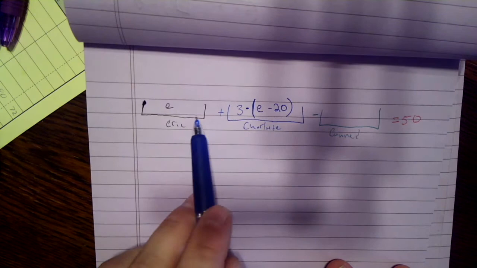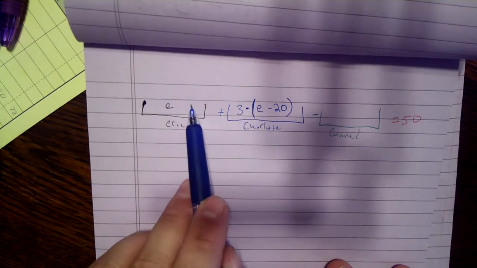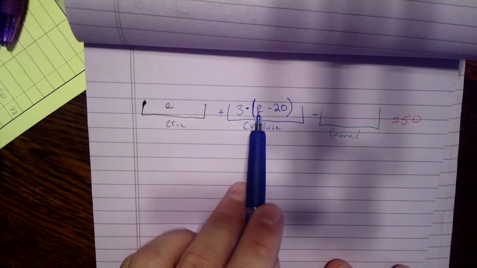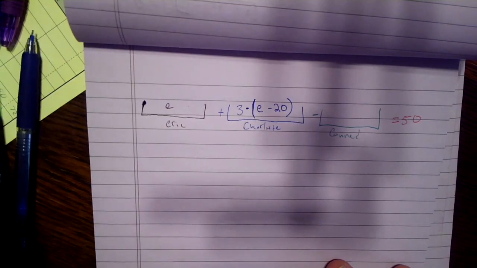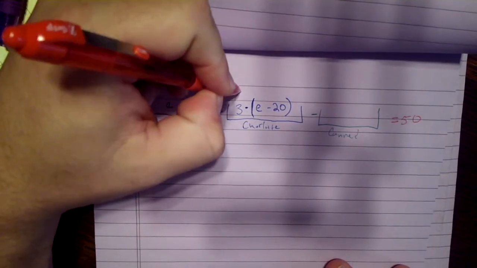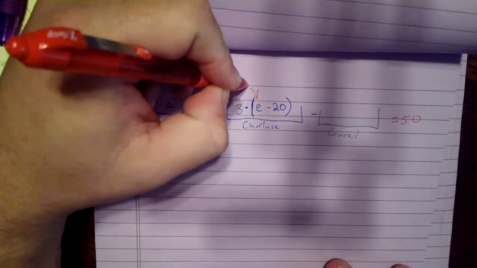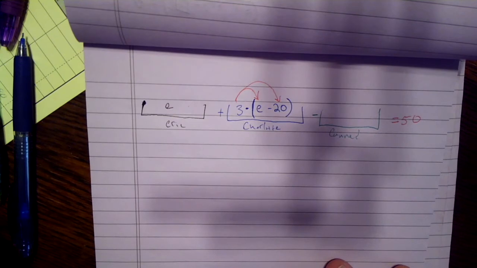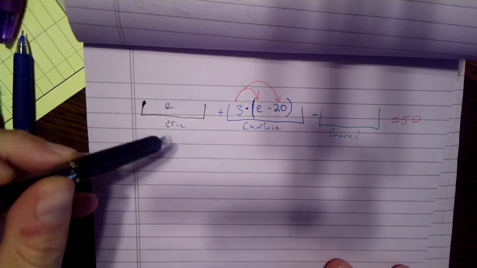Okay, so here we're almost done. We need to add these 2 things together. But first we got to get rid of this parentheses. We got to distribute this. Okay? So I'm going to say 3 times E and 3 times 20. All right. This E carries down.